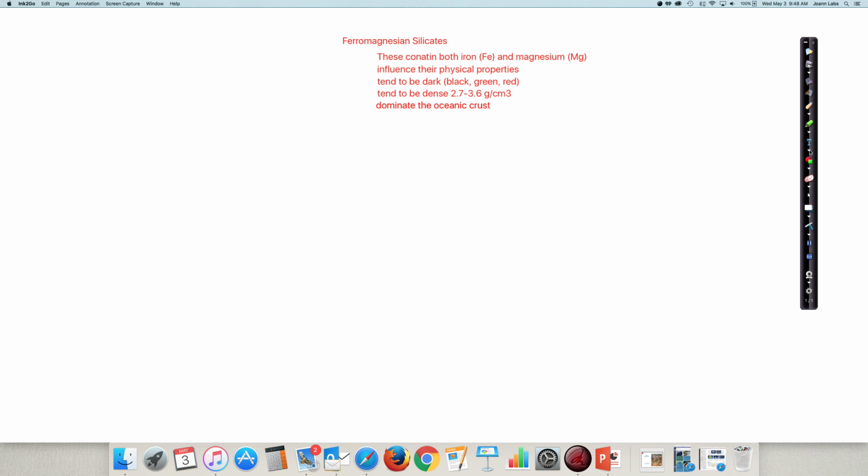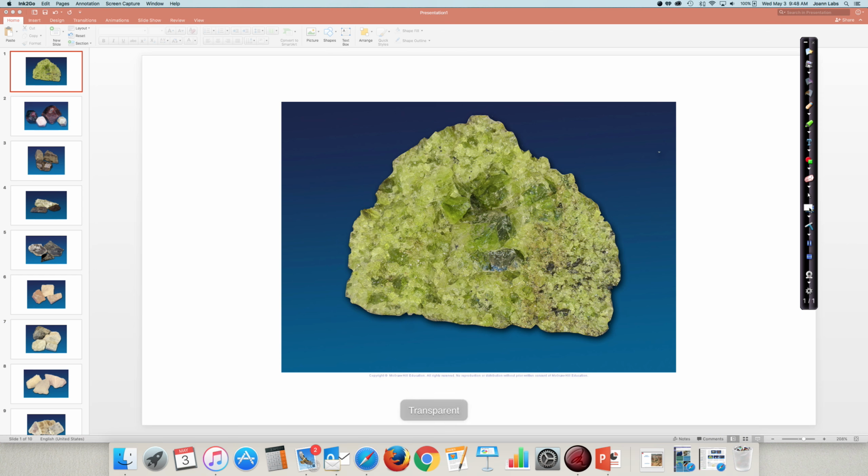Ferromagnesian silicates are divided into several groups. First group we're going to talk about is the olivine group. So here's a picture of the mineral olivine. Olivine is isolated tetrahedra.